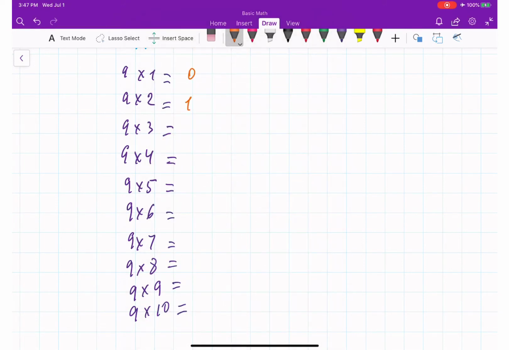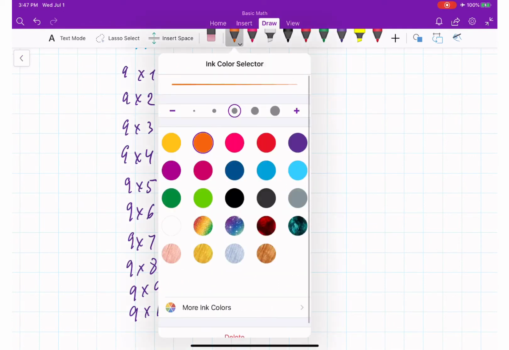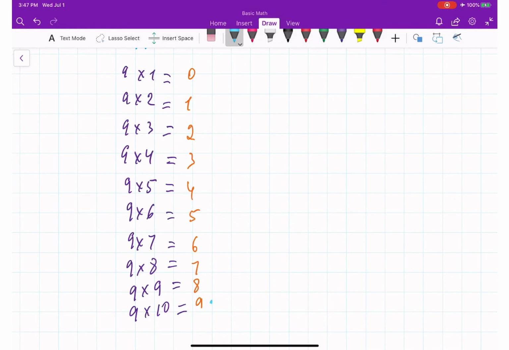0, 1, 2, 3, 4, 5, 6, 7, 8, 9. Okay. 0, 1, 2, 3, 4, 5, 6, 7, 8, 9.